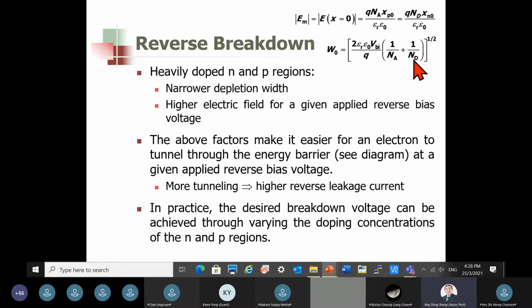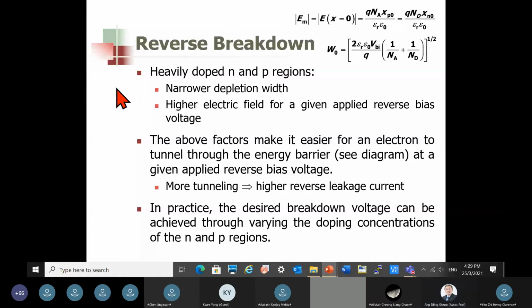If we dope the P and the N side heavily, then the space charge width, or the width of the depletion region, will be small. Okay, so a small depletion region corresponds to a thin tunneling barrier, and that increases the probability of tunneling across the barrier.